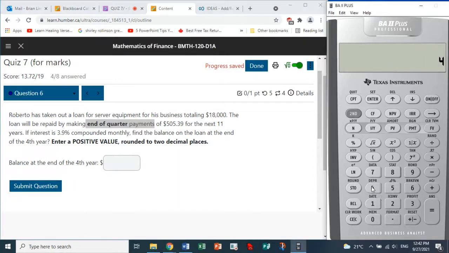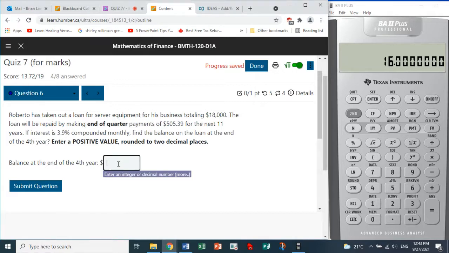So we multiply by 4, and the answer will be 16. So P1 would be equal to 16. P2 would also be equal to 16.